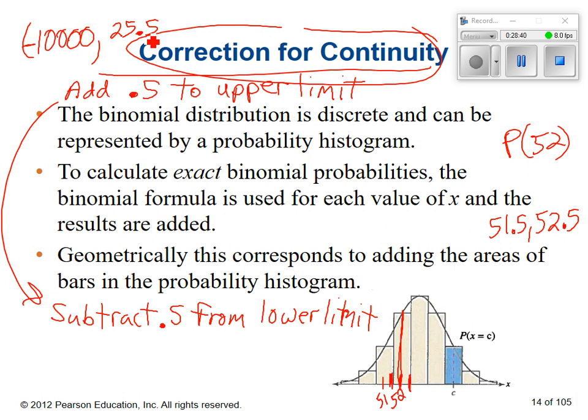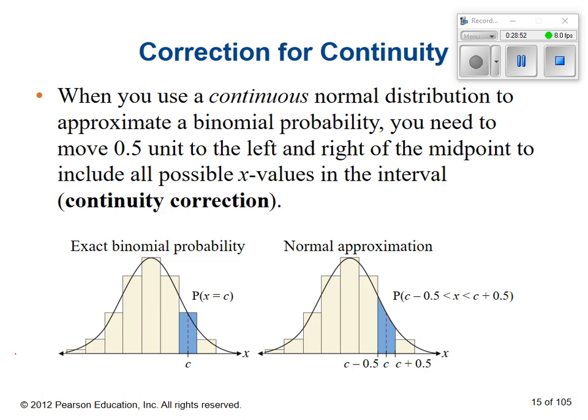So add 0.5 to the upper limit, subtract 0.5 from the lower limit. That's going to correct it so that we're getting the right area under the curve and not just the binomial. That's going to tell your calculator, hey, you're doing it this way.